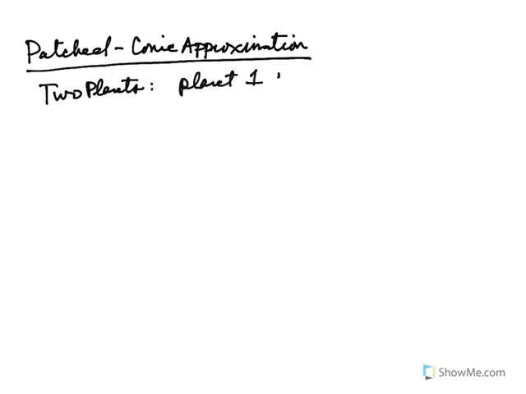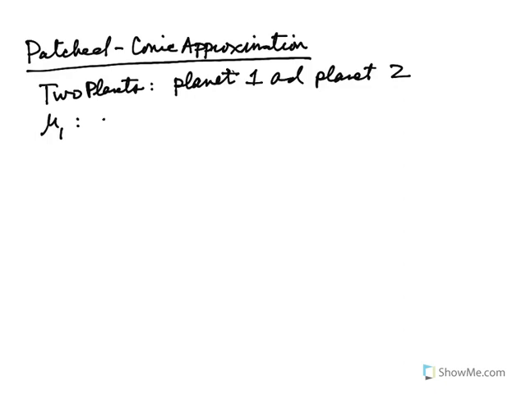And the way it's going to work is as follows: we're going to imagine first that we have a spacecraft in orbit about planet 1. So we have two planets. I'm going to call them planet 1 and planet 2. Now, in order to make this most understandable in terms of the math notation, I'm going to refer to the gravitational parameters as follows.